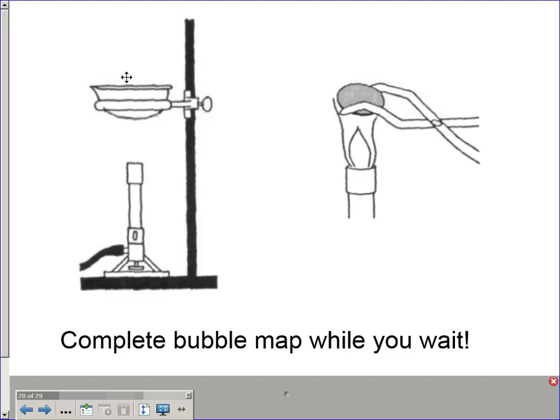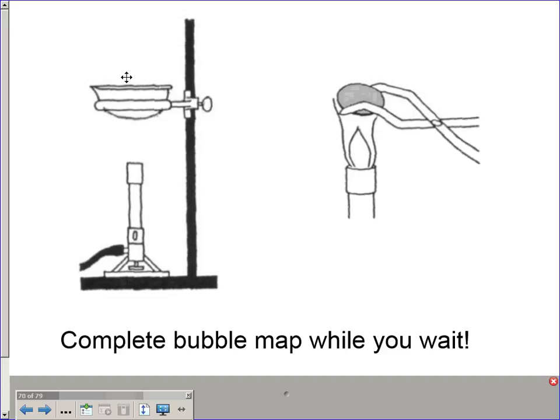This is penny here versus penny here. Light brown to brown.